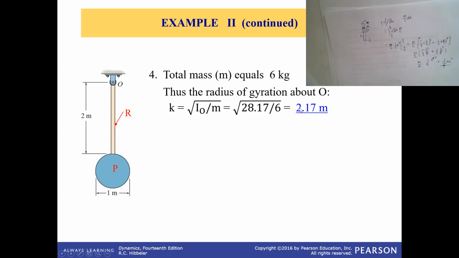So for the new axis of rotation, the radius of gyration is 2.17. That tells you that you can take this as the average mass distribution about this new axis, so it's going to be somewhere here. All right, so that's the second example.